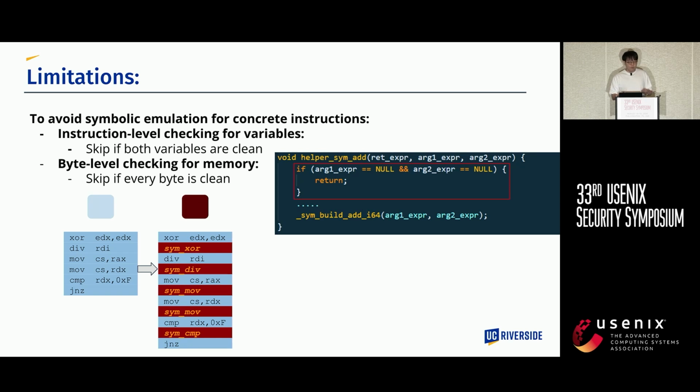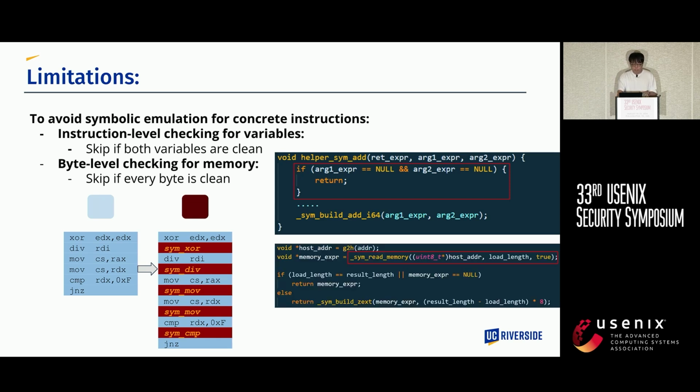If so, it will just return instead of calling the function to emulate the symbolic behavior. Same thing for shadow memory access. It will first read the shadow memory, every byte of it, to see whether the target memory is actually symbolic or concrete.